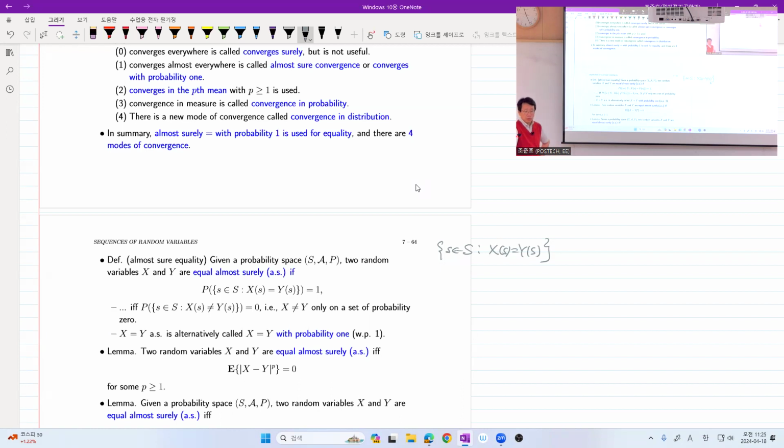So you take this set, and if this set equals the sample space, what do you want to say? The two functions, X and Y, are equal everywhere, right? But these functions have a slightly different name, random variables. So two random variables, X and Y, are equal everywhere, right? This is equal everywhere, but since probabilities are involved, we call it equal surely. They are equal surely, right? With sure. Right?